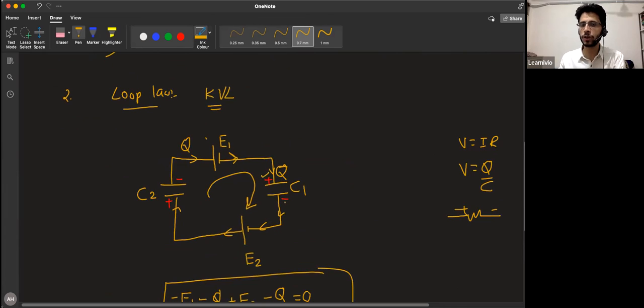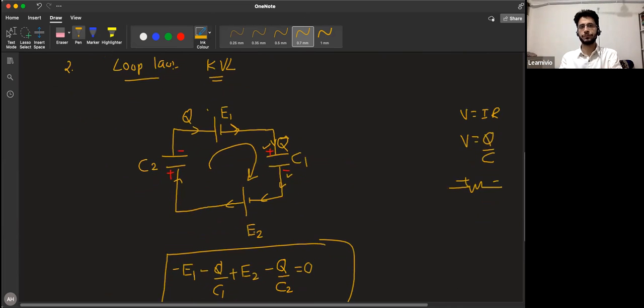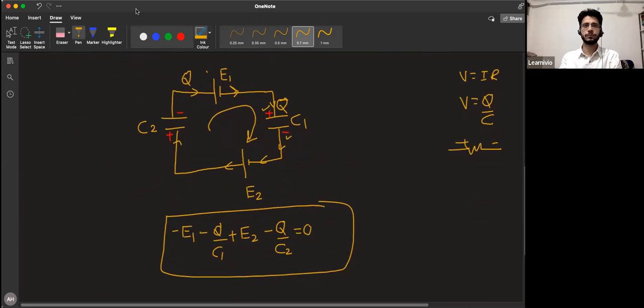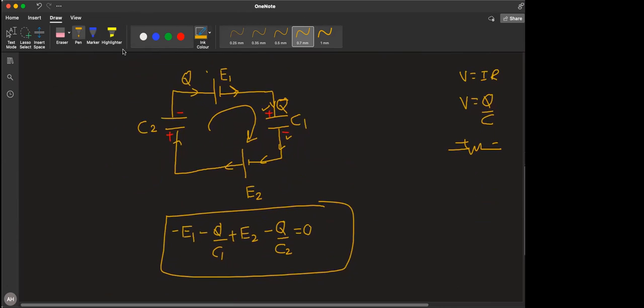This is first the positive terminal of the capacitor, then the negative terminal. Positive means higher potential, negative means lower potential. So we're going from high to low potential. That is a fall.